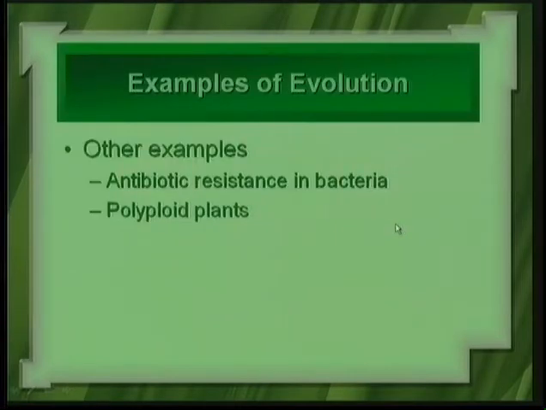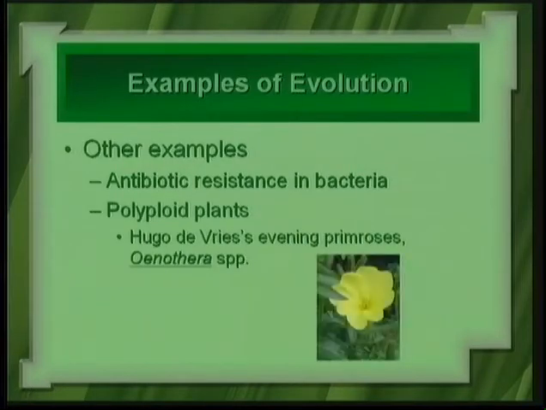That's something that can happen. Another example is this botanist, De Vries, who studied the evening primroses, also known as Oenothera. He bred them to themselves, and he came up with a tetraploid, which he named as another species.